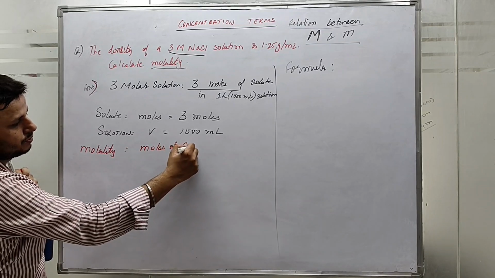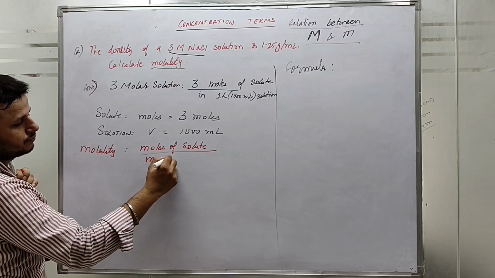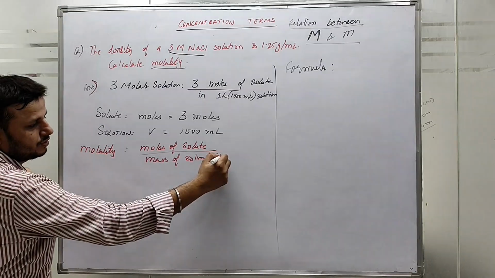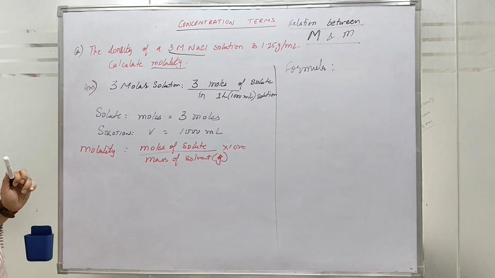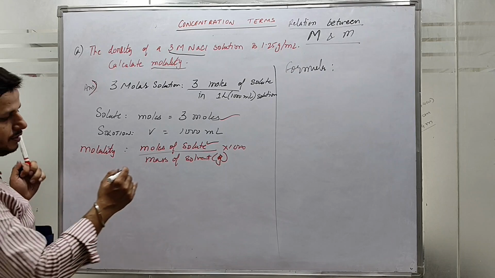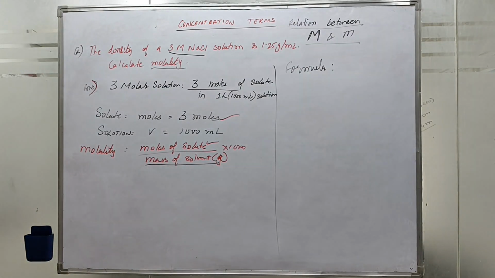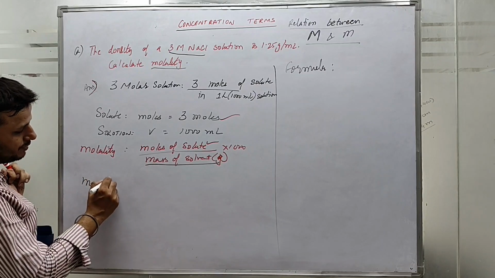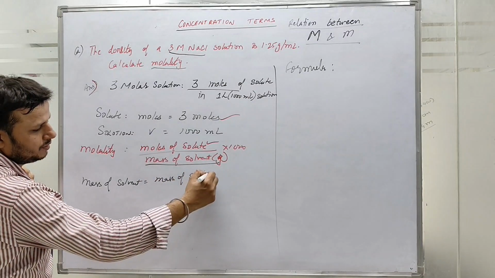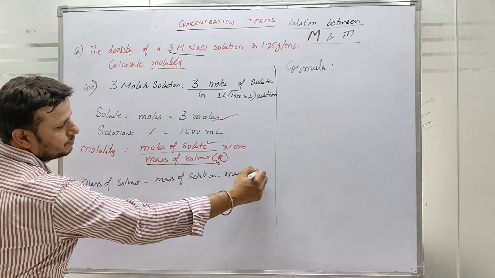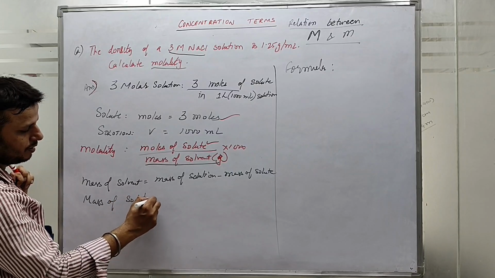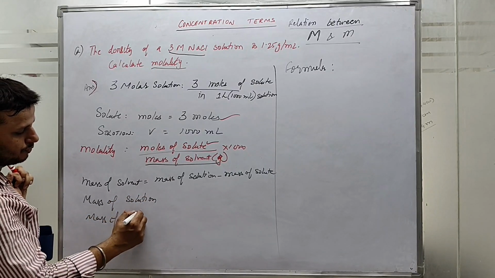Moles of solute by mass of solvent, and that should be in kg. If it comes in grams, then into 1000. Look, moles of solute we already have, 3. What we have to find is mass of solvent, and that is what is missing. So mass of solvent is found as mass of solution minus mass of solute. So we have to find mass of solution and mass of solute.